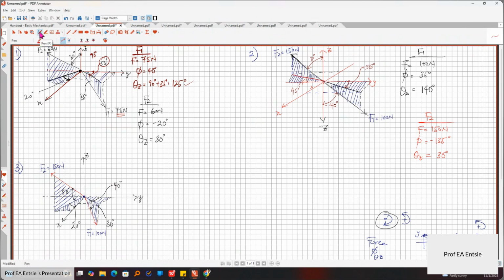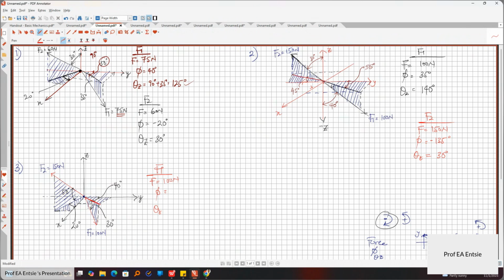Then we come to the last one, but not the least. So that one we have two forces. I'm doing F1. If I take F1, the resultant force there is 100. The phi there is the angle between the positive x and the base. Here is the base containing F1.